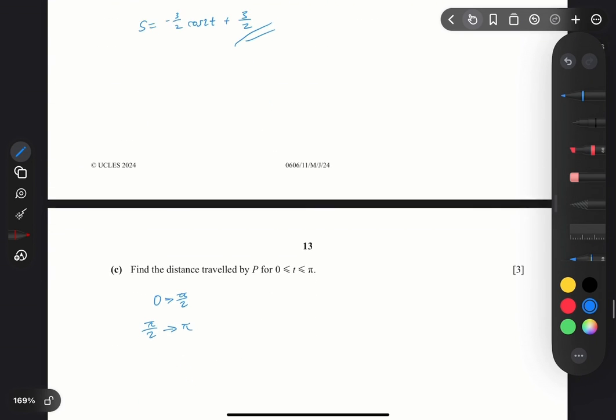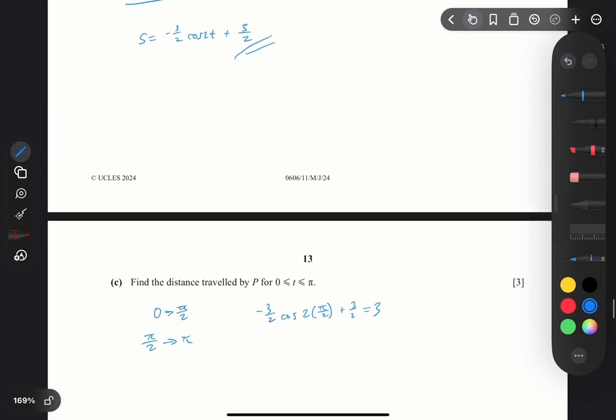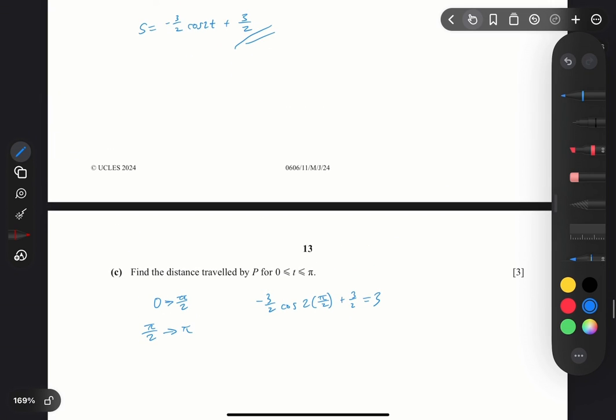And since you have the displacement equation, you can just plug it in. And it would be the same for both, so you just times 2, which gets you 6.